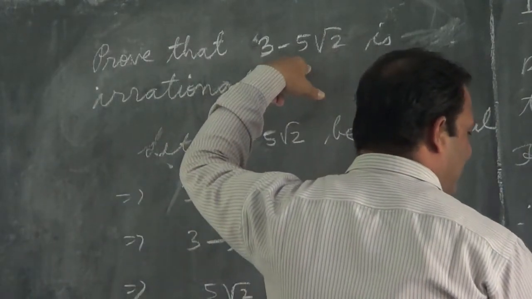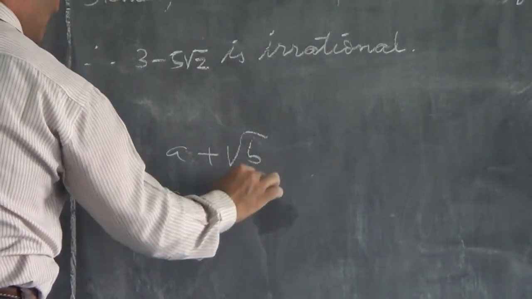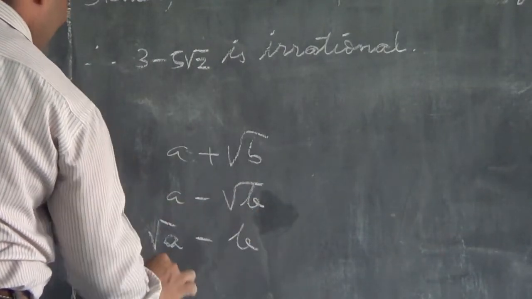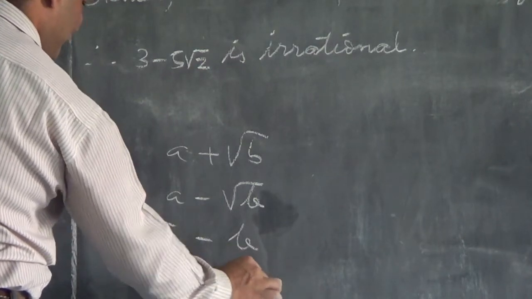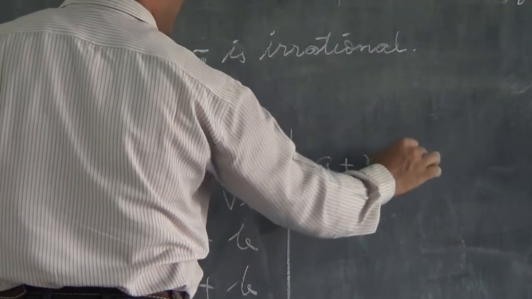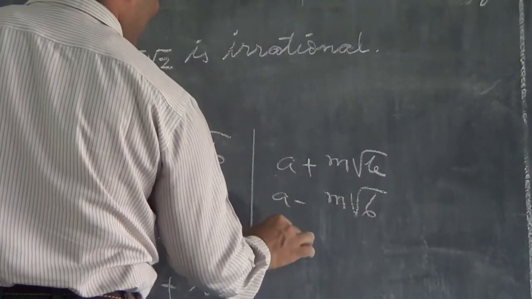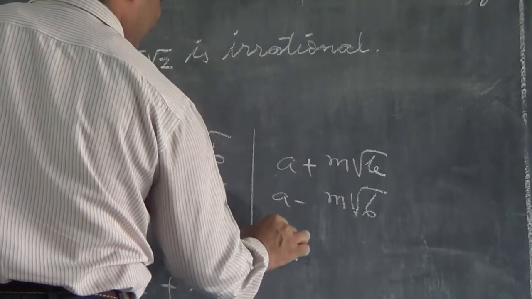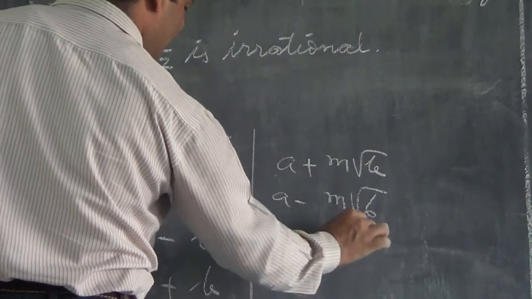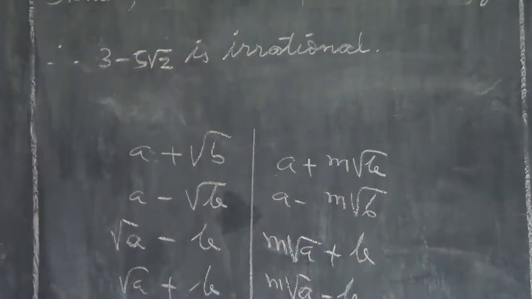Like a plus root b, or a minus root b, or root a minus b, or root a plus b, or you can say a plus m root b, a minus m root b, m root a plus b, m root b a minus b, all this form.